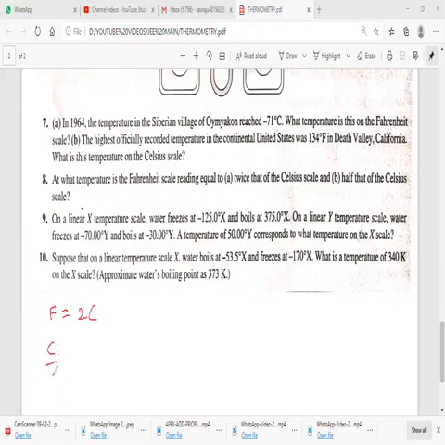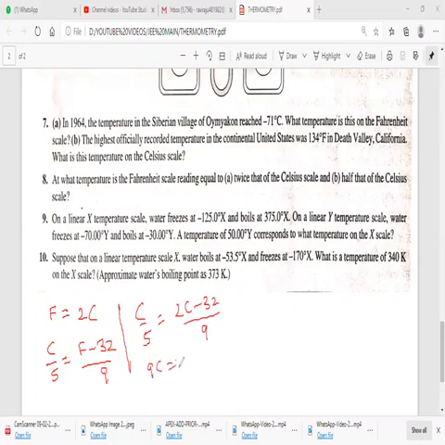Every time I don't write 100 and 180. After cancelling them, it will be C by 5 equal to F minus 32 by 9. And in place of F, if you substitute 2C, so C by 5 equal to 2C minus 32 by 9. By taking cross multiplication, 9C equal to 10C minus 160.